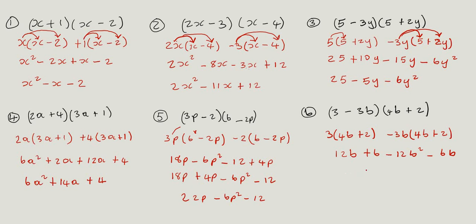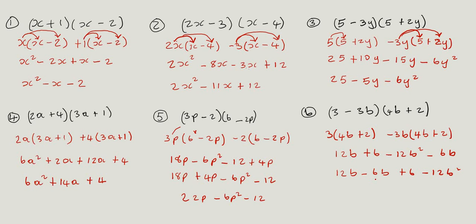So here, again, we're going to group the like terms. So we have a 12b. We can move this 6b from down here and put minus 6b here. We can put back our 6 and put back our minus 12b squared.